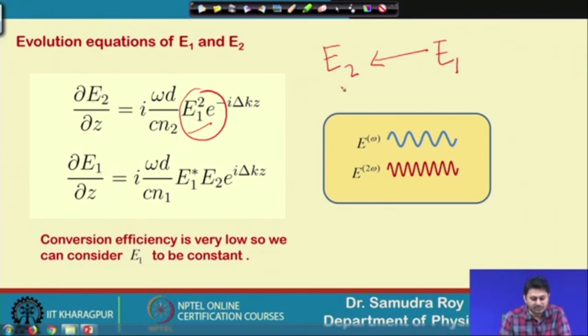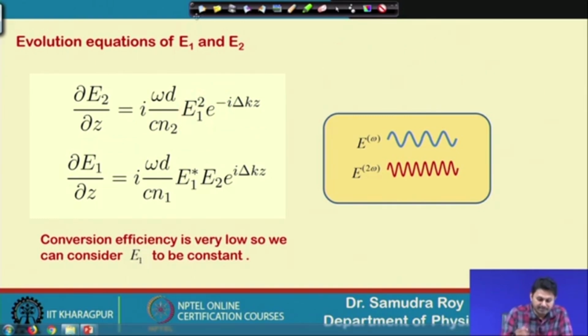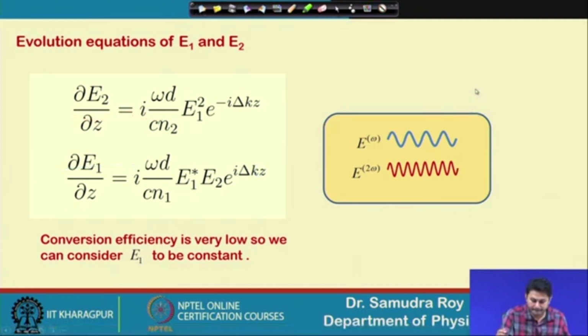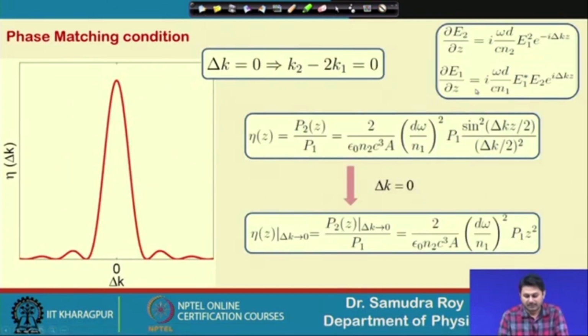Under such condition, we are able to find out what is the E2 value. That means directly integrating this equation. When we directly integrate this equation, we get something. So, let us find out what we are getting. After integrating, we get the value of E2, which is proportional to z square, that we have shown in the last class, and then we figure out what is the value of the efficiency.